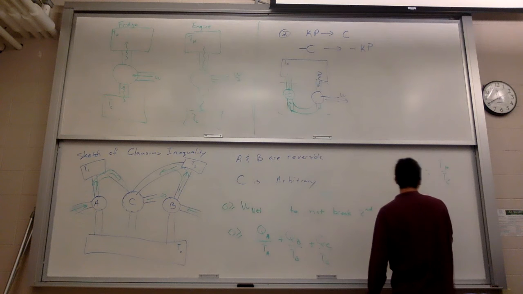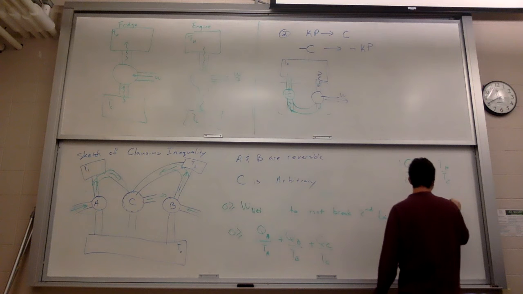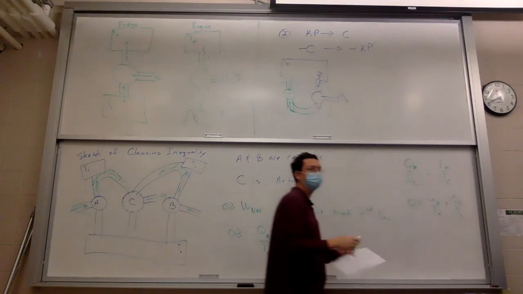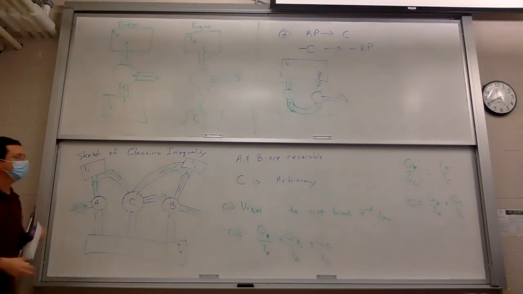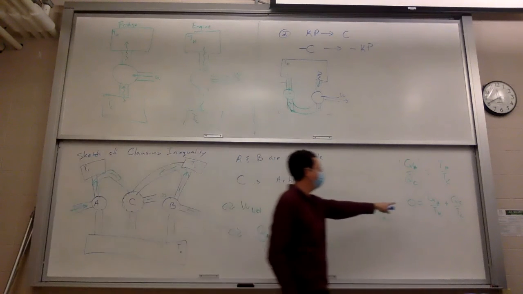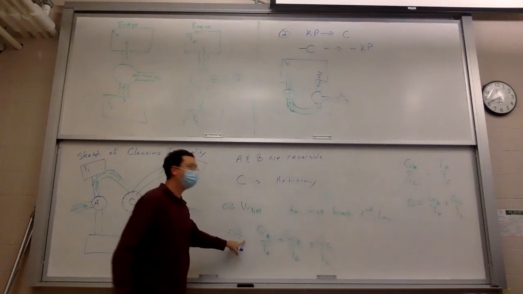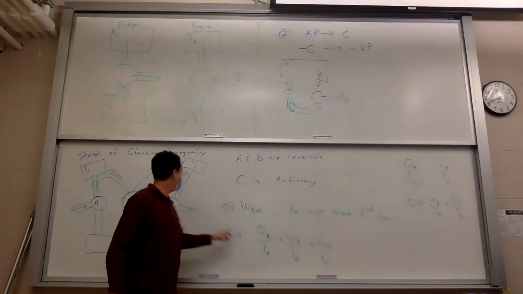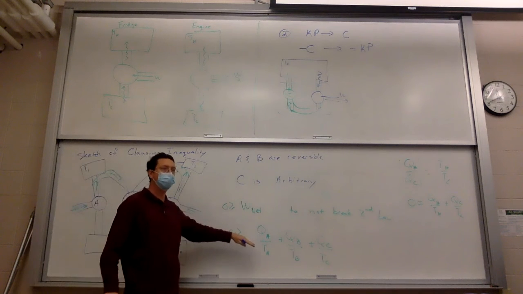Or, putting in minus signs and getting rid of the absolute value sign, we get 0 equals Q_H over T_H plus Q_C over T_C. It's the same. Well, except this is an equality because it was reversible. This is an inequality because this was non-reversible. If this becomes reversible, it becomes equal.